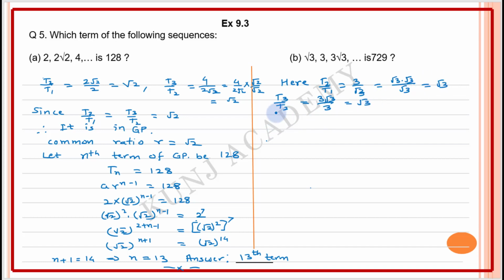These two are equal. Since T2 upon T1 is equal to T3 upon T2 is equal to root 3, therefore it is GP. First term a is equal to root 3, common ratio r is equal to root 3.